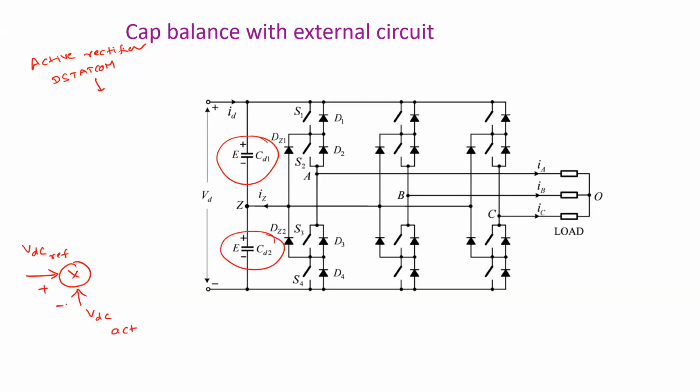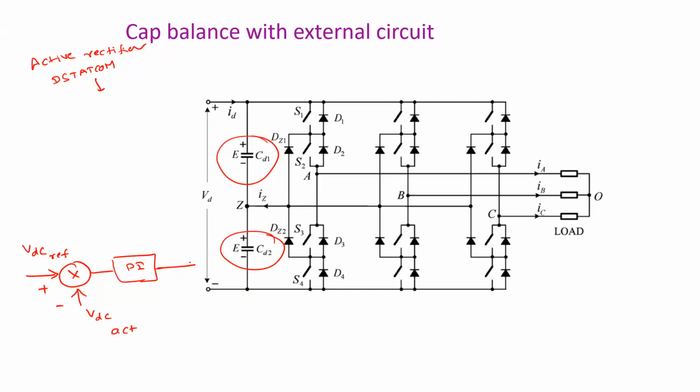We process this in a PI controller, and it gives the required amount of power or current to be drawn from the grid, so that the actual capacitor voltage follows the reference voltage.